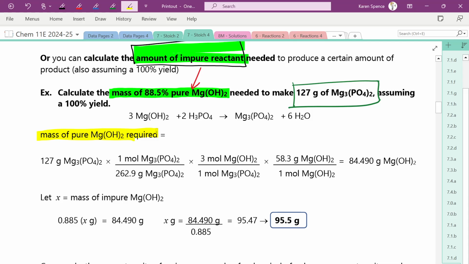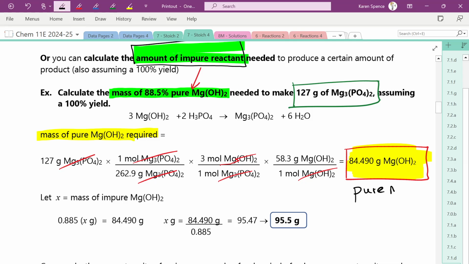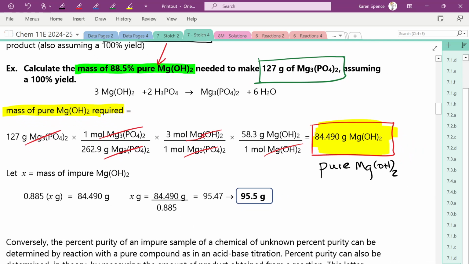We go from grams of magnesium phosphate, to moles of magnesium phosphate, to moles of MgOH2, to grams of MgOH2, and we end up with this. This is how much pure MgOH2 is needed.